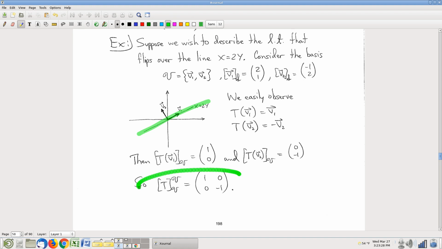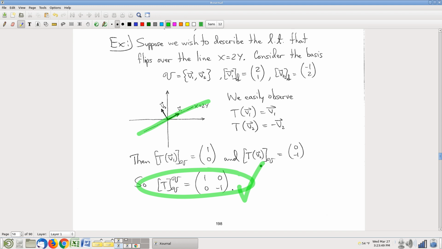Let's represent it with respect to this other basis that we make up. Let's represent T with respect to a convenient basis, because life is easier with respect to that convenient basis, and look how easy it was to write that down. I don't know how to write this with respect to the standard basis. It's easy with respect to this basis.